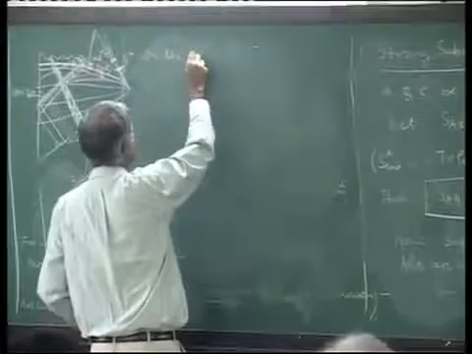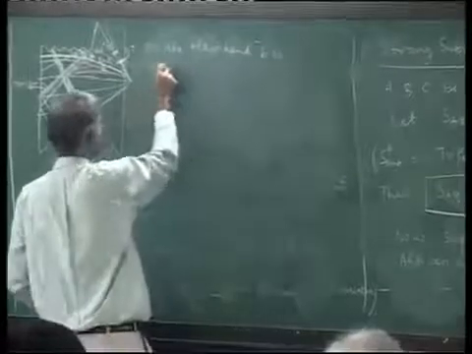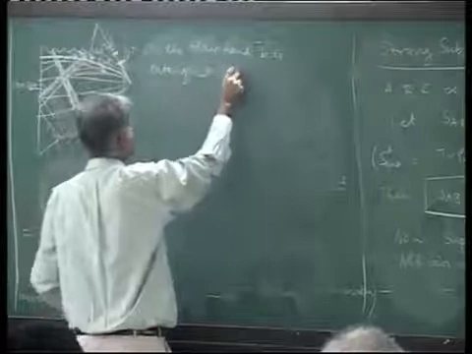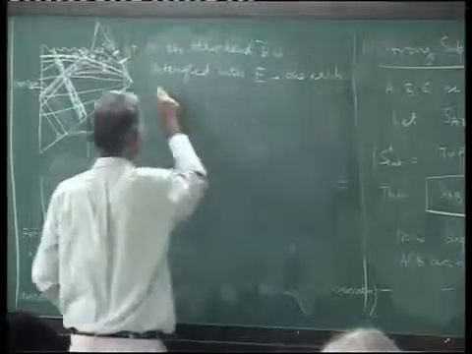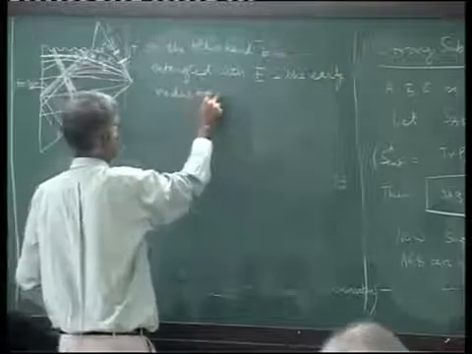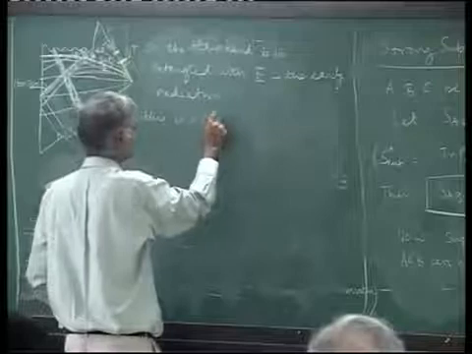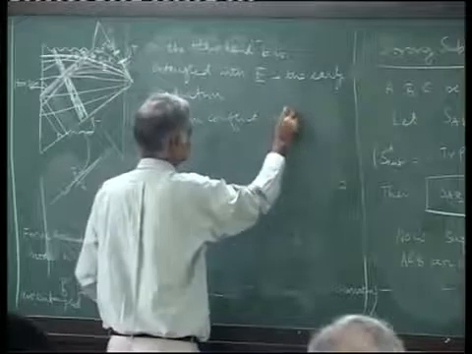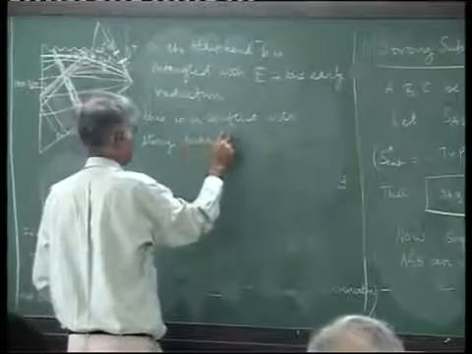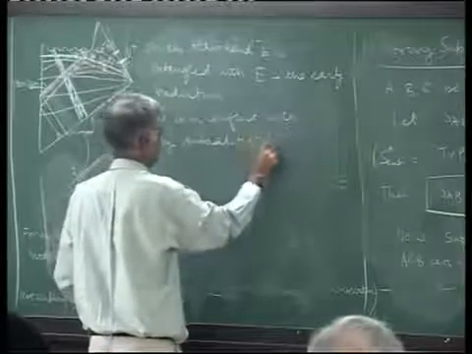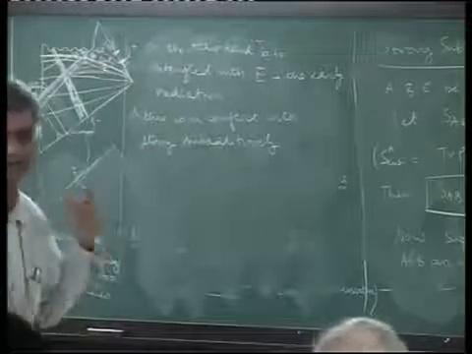So on the other hand, B is entangled with E, the early radiation, and this is in conflict with strong subadditivity, because entanglement is monogamous. That's the rough structure, and then we will try to see how it should be made more precise.